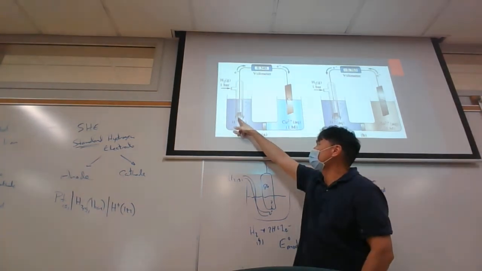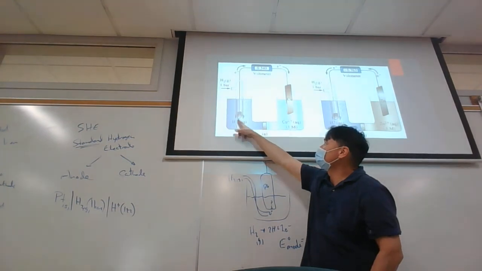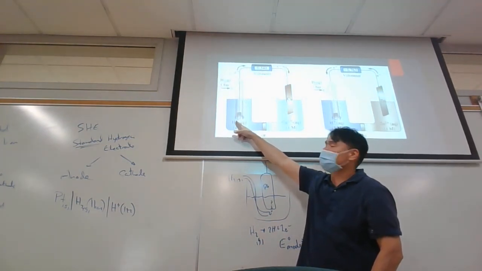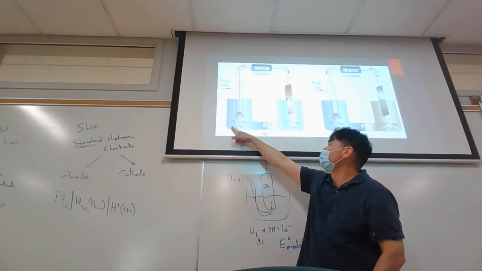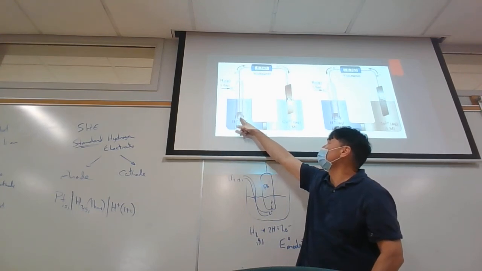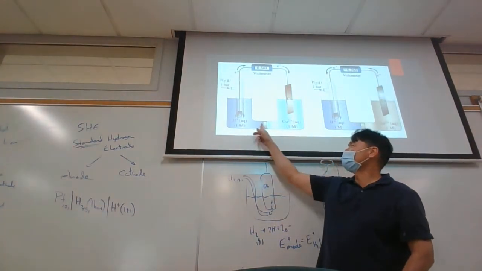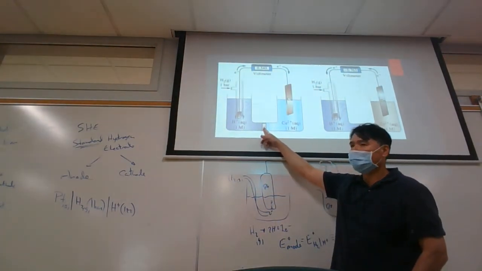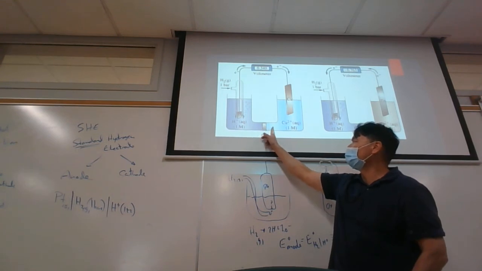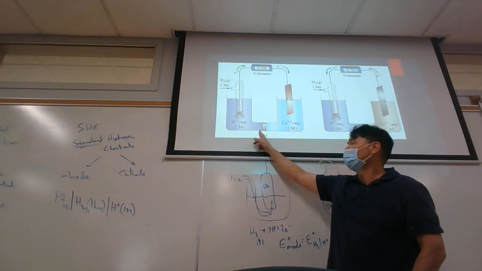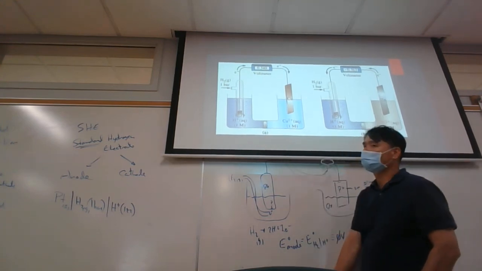It's going to try to oxidize platinum. Not successful. But as soon as the hydrogen bubble hits platinum, then it's successful. It's going to oxidize the hydrogen gas to create H+ and electrons, and those electrons are going to be fed to the copper 2. Here, in lieu of a salt bridge, they put a porous plug here. So the cations can migrate one way and the anions can migrate the other way in this porous plug, instead of a salt bridge.